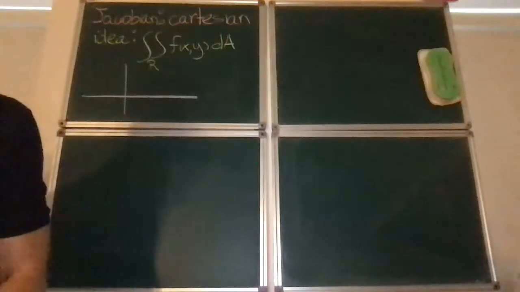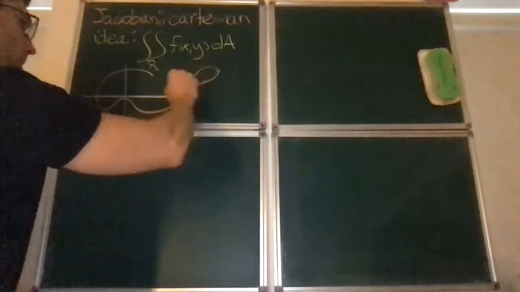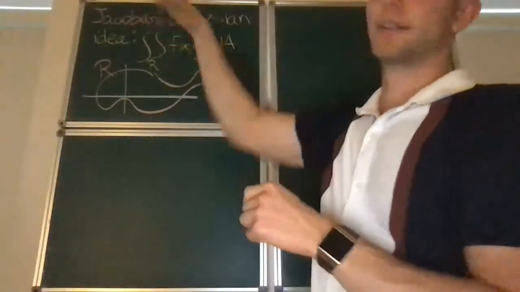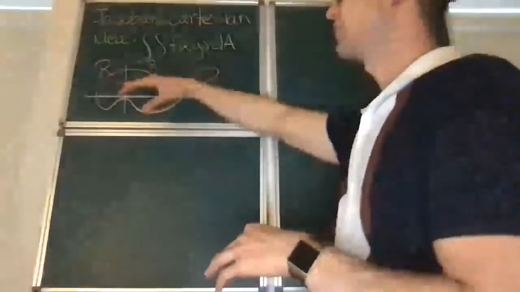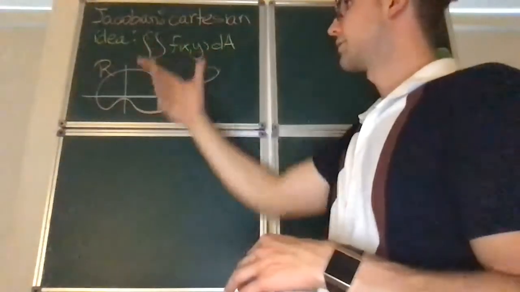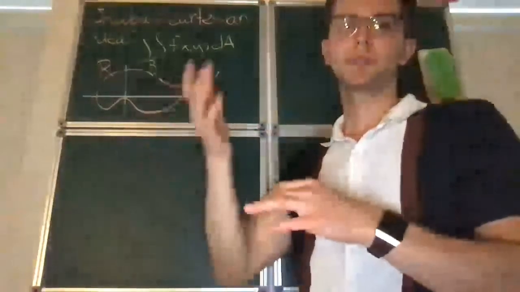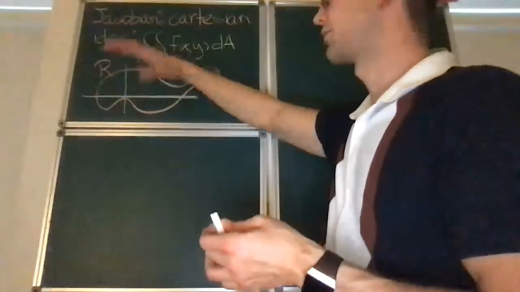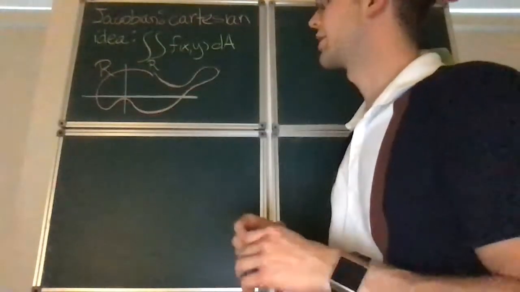So maybe R is like this. And now dA, you should think of that. Remember, if you thought of f as sort of a surface above the region, then this integral computes the volume between the surface and the xy plane, or the volume of the stuff right exactly above this region R.